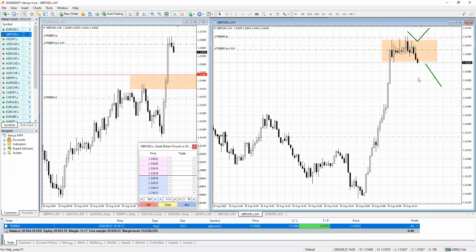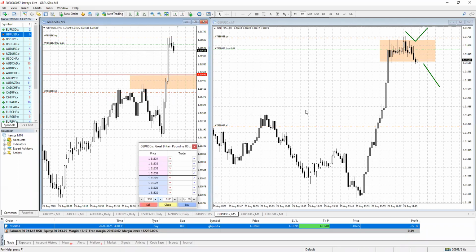I start very, very small, and then I add a little bit more every time. But I need to know where all my analysis breaks down and where my trade has failed. So this is the top side. This is the bottom side of the consolidation. Let me zoom in a little bit.